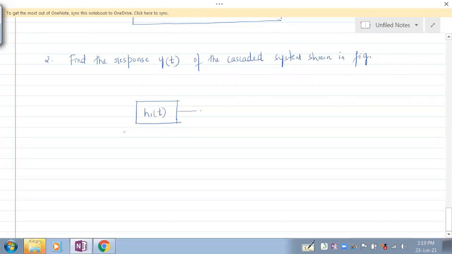This is being cascaded with another system with the impulse response h2 of t. And the input to the system x of t is given as u of t. And they are asking us what is y of t.